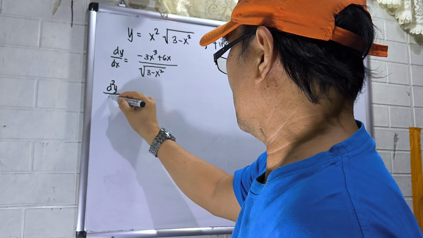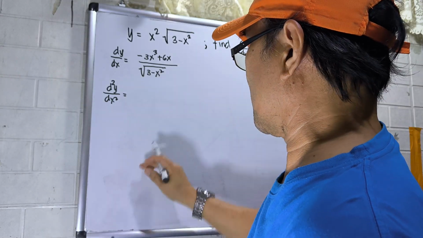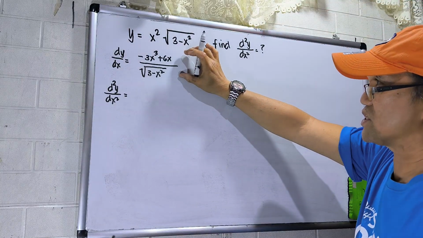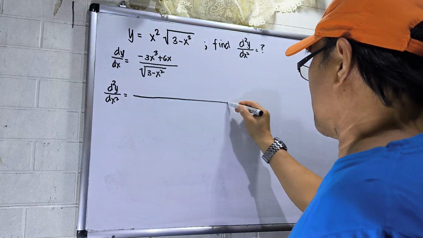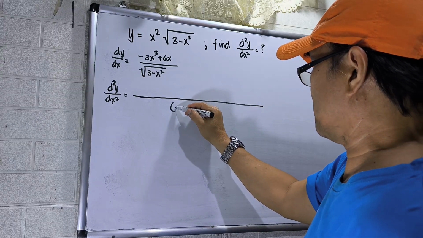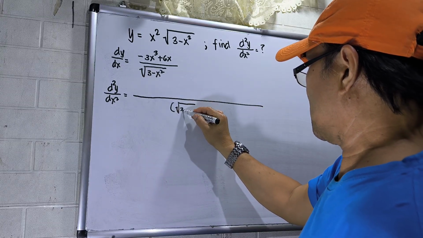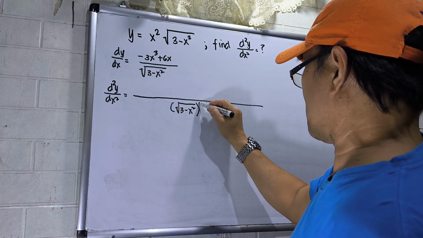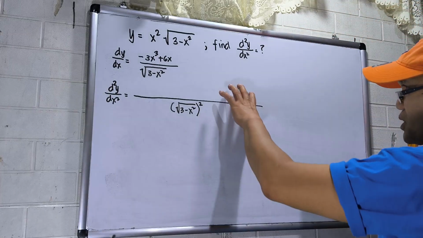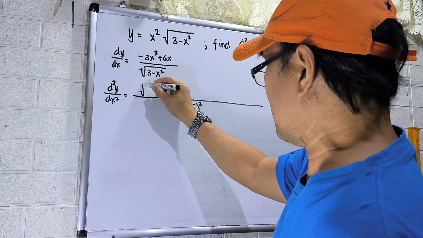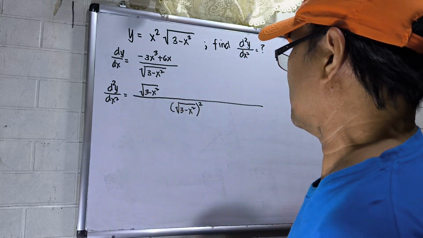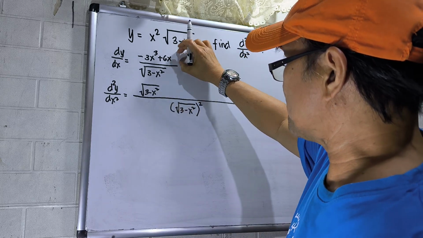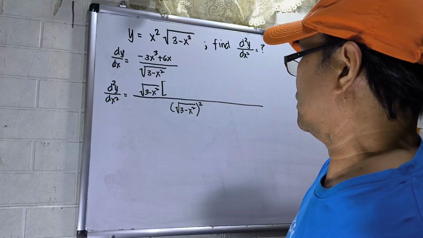So second derivative, so this will be d2y over dx squared. So again, this is quotient rule. This is quotient rule before product rule. So this will be squared the denominator. So this will be square root of 3 minus x squared, then this will be squared. Since this is quotient rule, I will copy the denominator, square root of 3 minus x squared. Then differentiate the numerator.